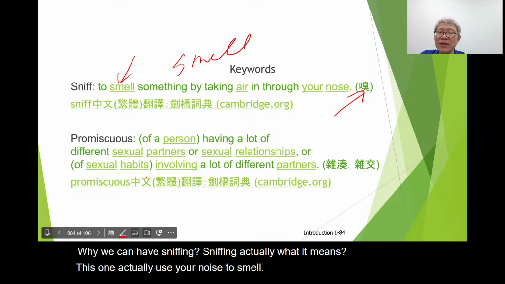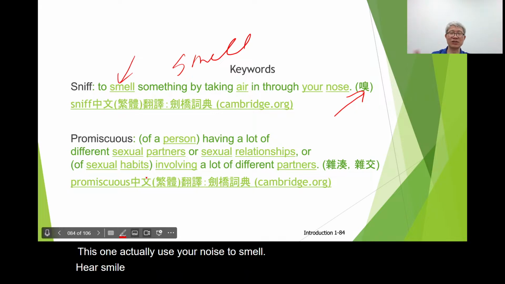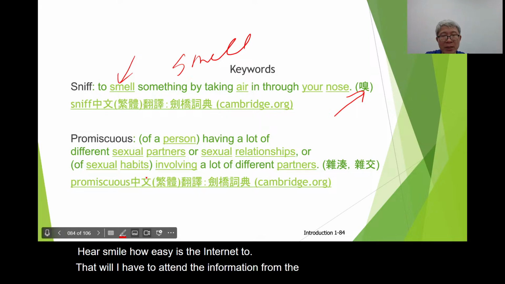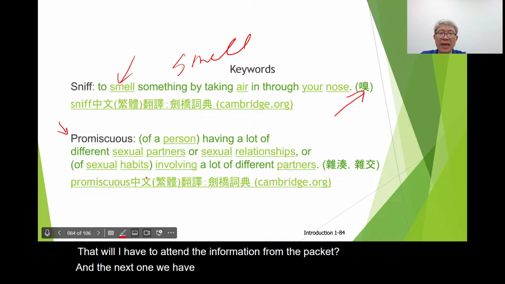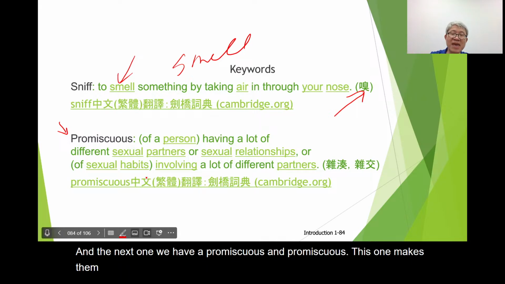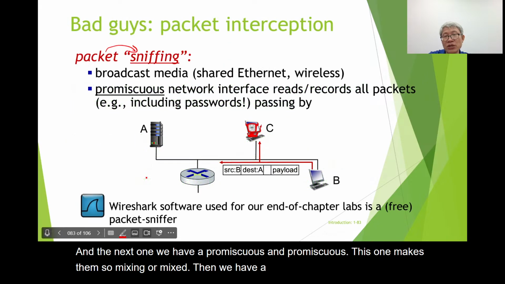Here we use it in the internet to mean obtaining information from the packet. And the next one, we have promiscuous. Promiscuous means mixed. Then we have a promiscuous situation.